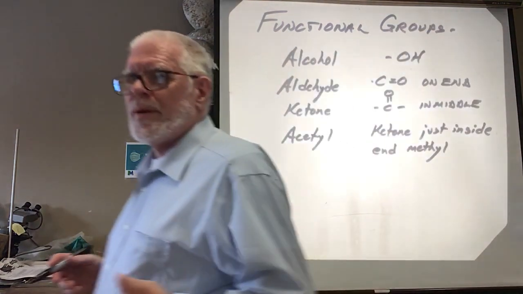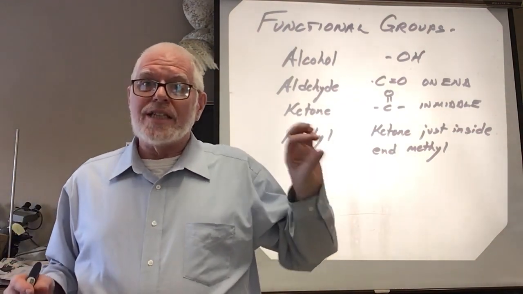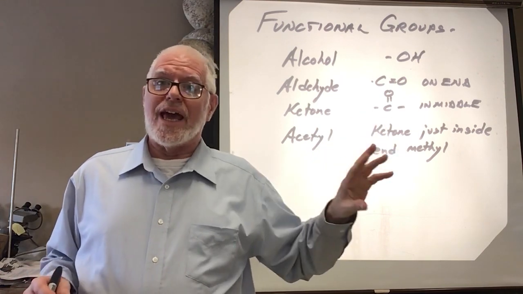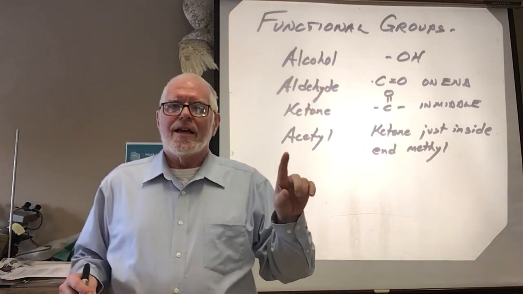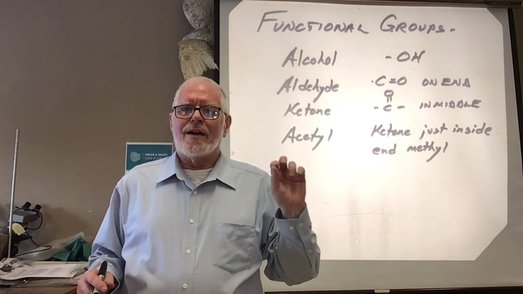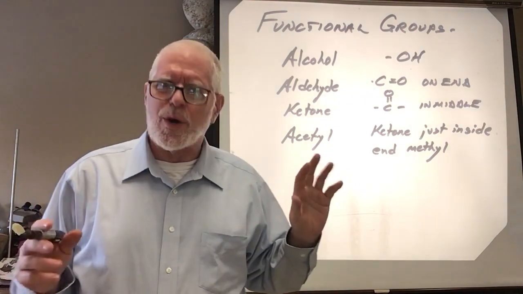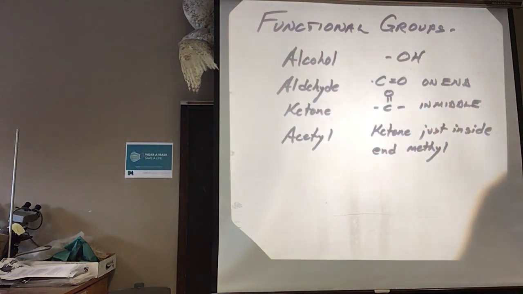An acetyl group is a ketone just off of the end of the molecule where there's just a carbon and hydrogens on that end. That's a methyl group, right? Methane. And this turns out to be a very important functional group in protein processing, where the acetyl groups are, I'm sorry, I've got it backwards.